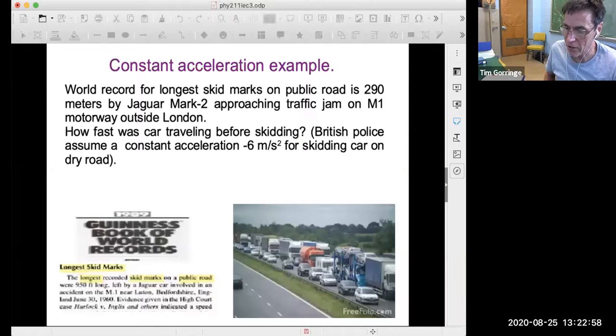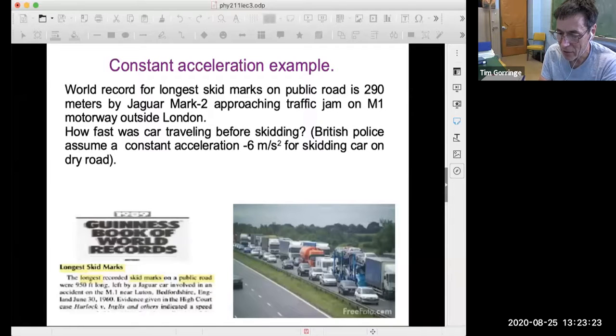So here's a question. I looked this up in the Guinness Book of Records. I don't know whether Guinness Book of Records is still published, but when I was growing up, I got one every year for my birthday. It has all these facts about the largest this, or the smallest that, or the fastest whatever.